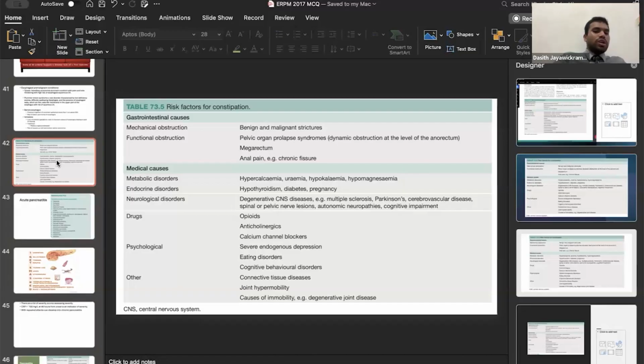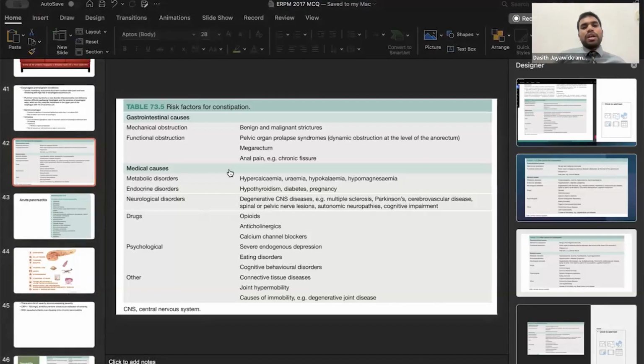Hypocalcemia. No, not hypocalcemia, it is hypercalcemia. The hypercalcemia is what causes constipation, because it reduces colonic motility. Hyponatremia. What do you think? Does hyponatremia cause it?